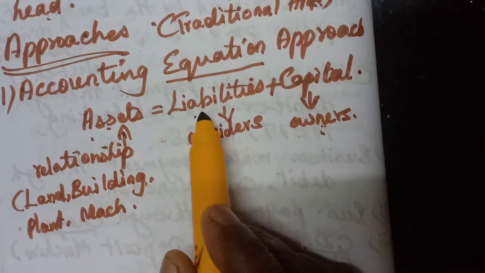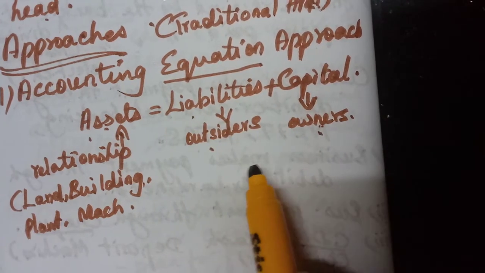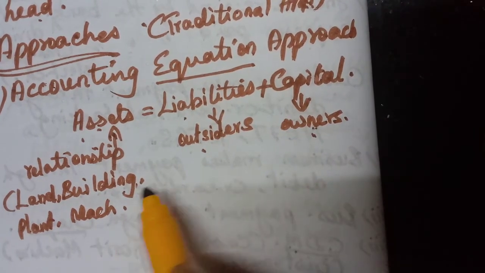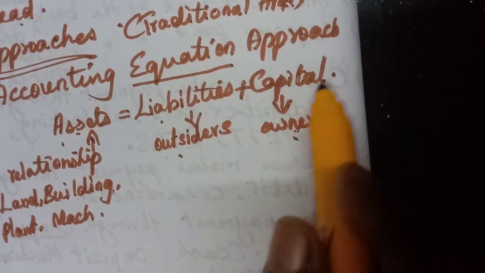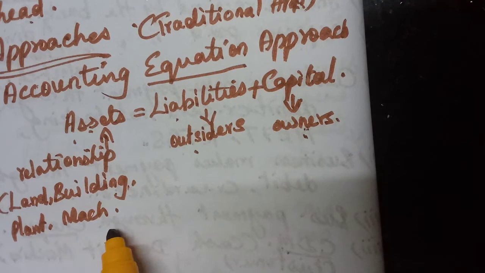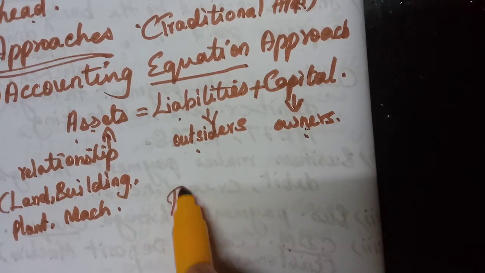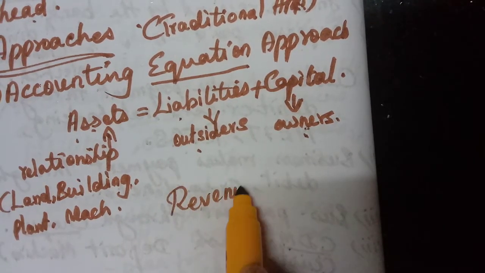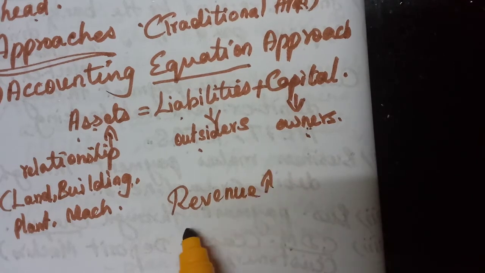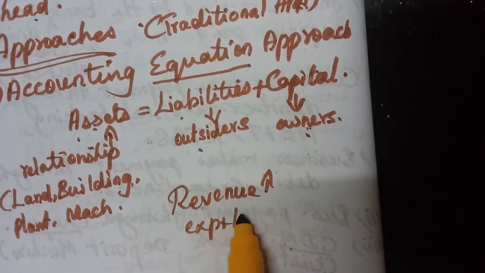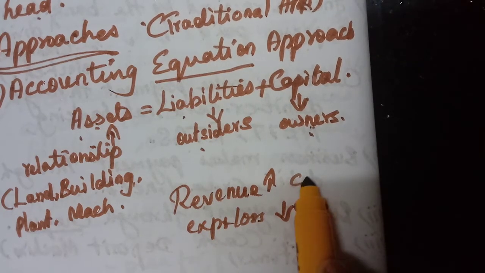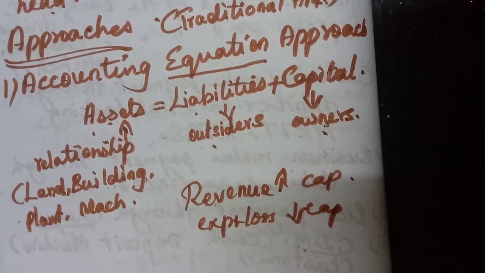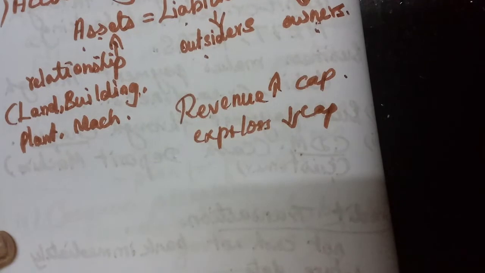Assets is equal to liabilities plus capital. Now, if the owner earns some revenue, that will increase the capital. Revenue will increase the capital, and any expense and loss will reduce the capital. So we can derive this equation in this form.